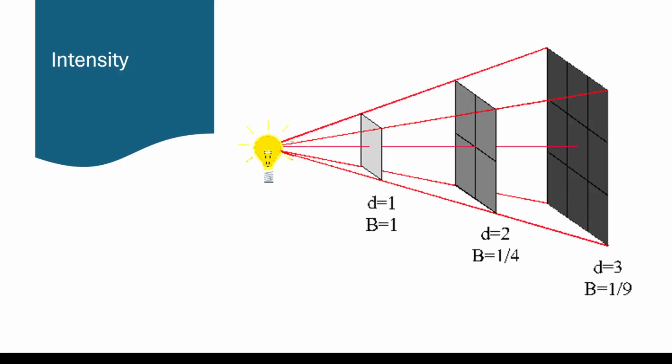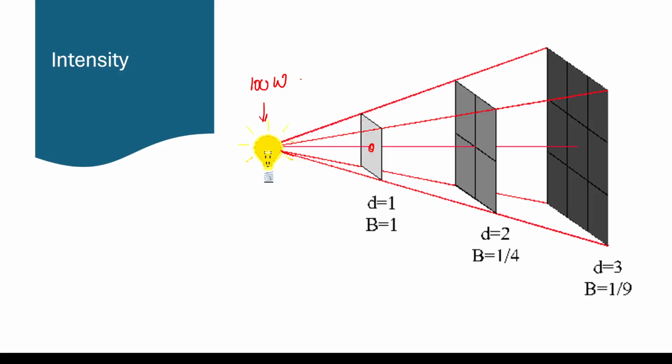We came up with something called intensity. As you can see on the diagram on your screen, let's say this is a 100-watt bulb. If a person is standing here, he or she is receiving a lot of brightness from this bulb.